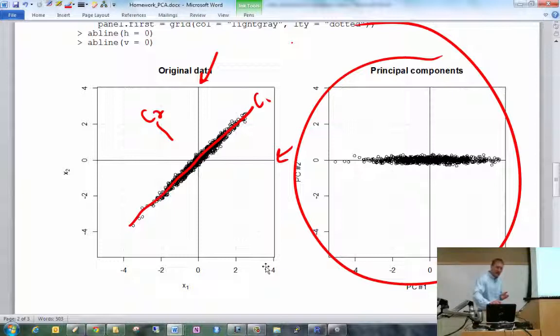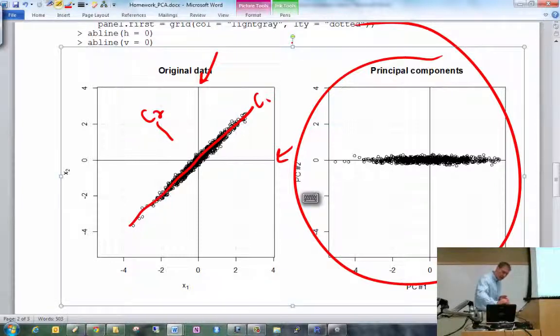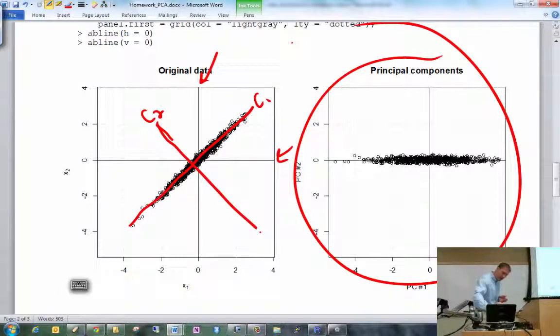We can see that when I draw this new xy coordinate structure here, you can see that those axes are orthogonal to one another. They're perpendicular. This essentially allows you to work with the independence part.